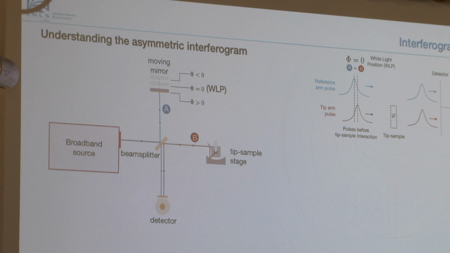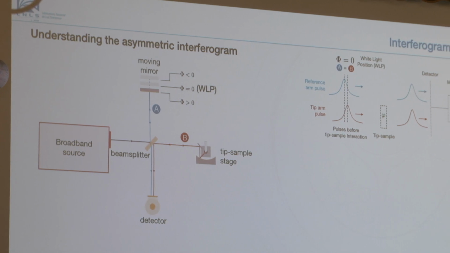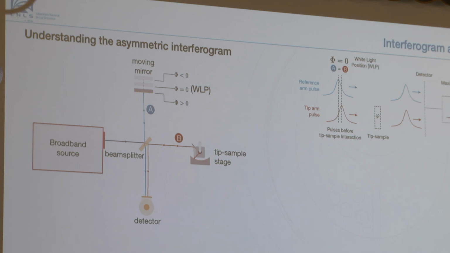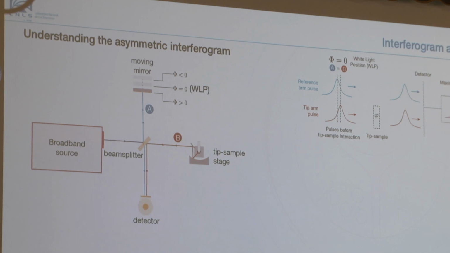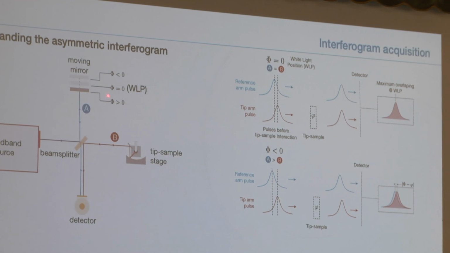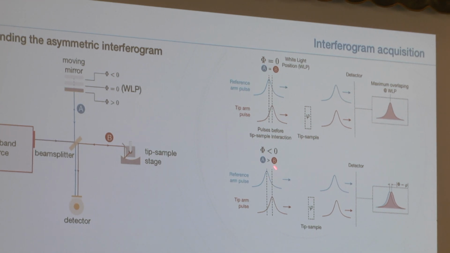Here I already put some retardation between them, because I know that when one of them interacts with the sample, we have a phase delay related to that interaction. In this case, we have a perfect overlap between those two, at the white light position.